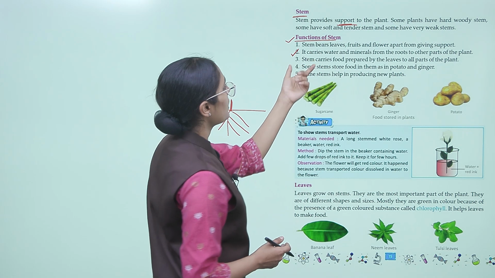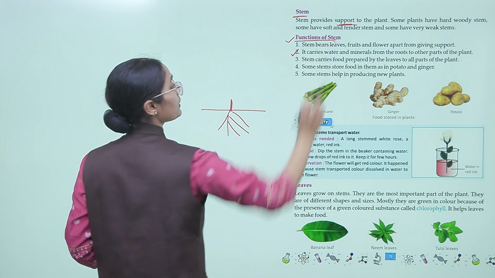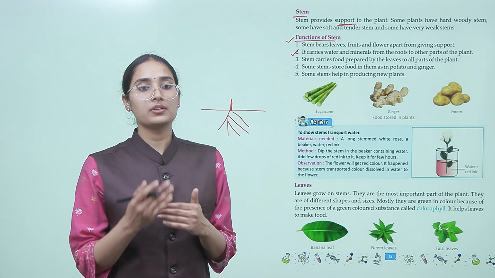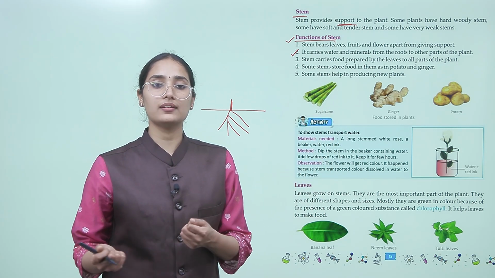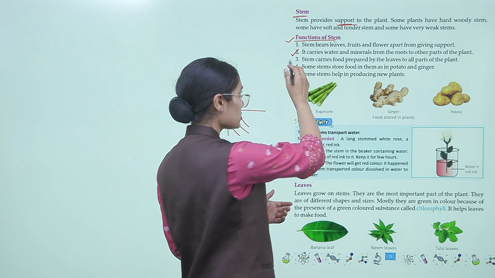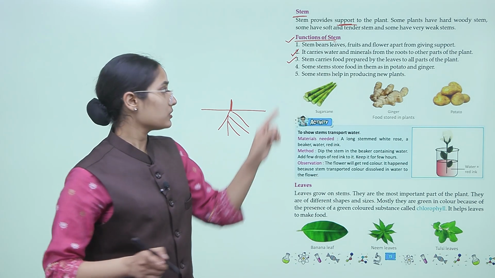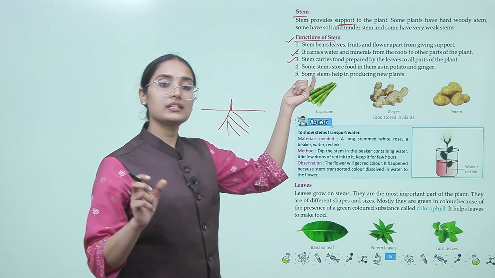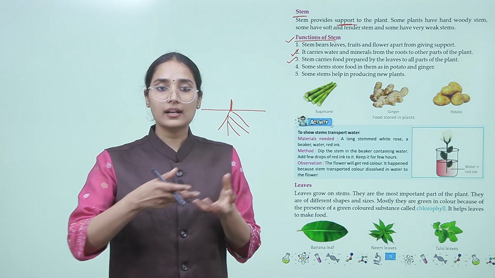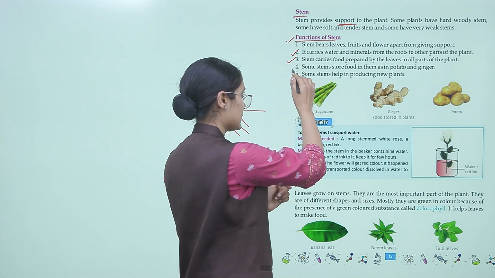Since other parts of the plants like leaves, fruits and flowers are connected to the stem, it becomes a transport carrier that carries water to the other parts of the plant. Stem also carries food prepared by the leaves to all parts of the plant. Since leaves are connected to the stem, the food prepared by the leaves gets transferred to the other parts of the plant through the stem.